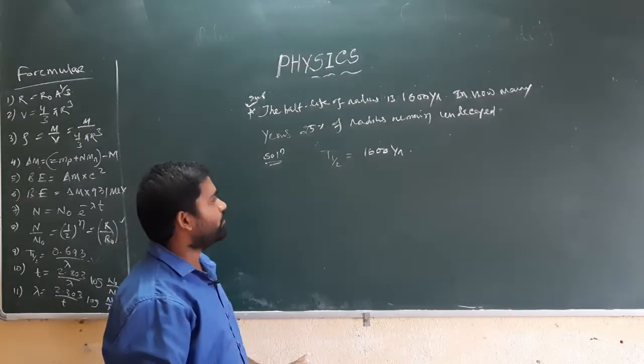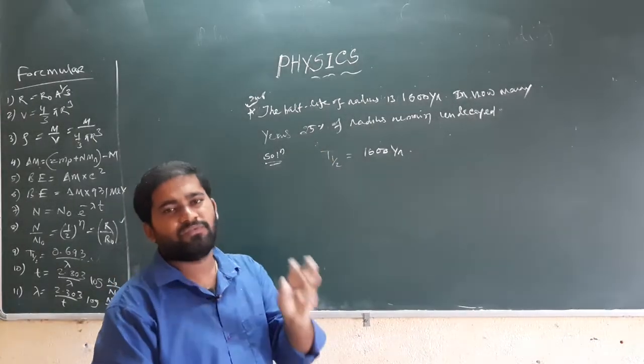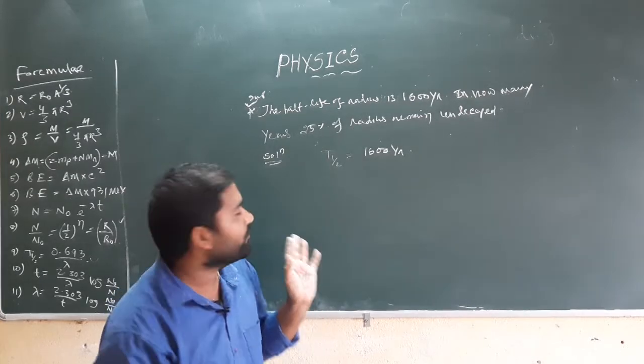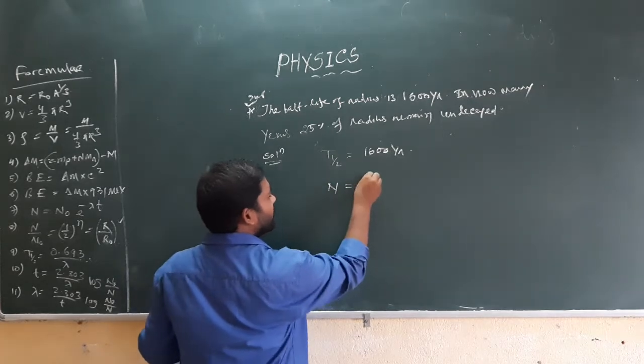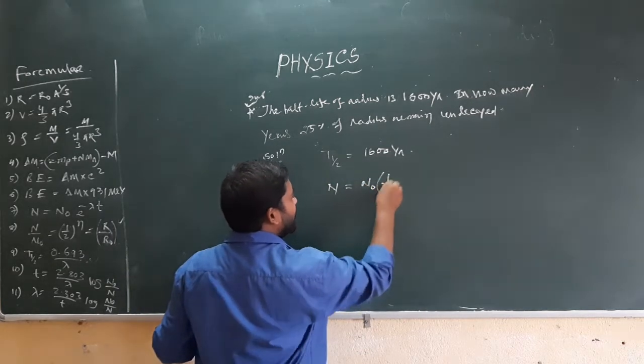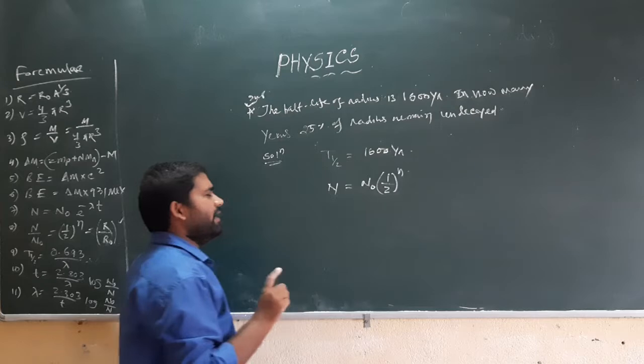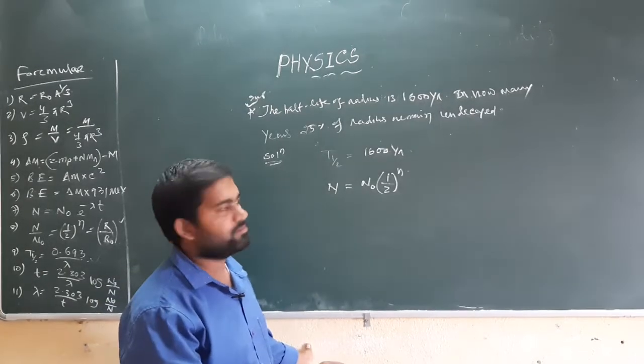Suppose N is the number of undecayed nuclei. We know N equals N naught into 1 by 2 power n, where n is the number of half lives.